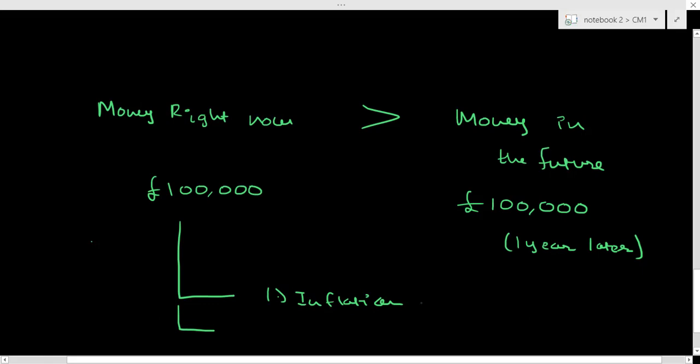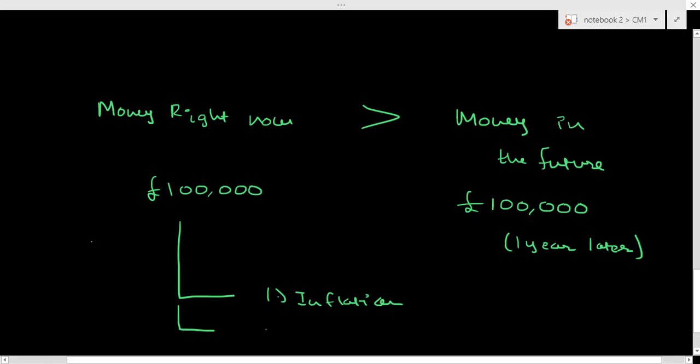Now we all know that in general inflation is positive. That is, the price of commodities increases over time. So what costs 100,000 pounds right now will cost more 1 year down the line. So you would rather have this 100,000 pounds right now and buy that thing right now instead of being able to buy less of that thing 1 year down the line. So inflation is a primary reason for time value of money, that money loses its worth over time.